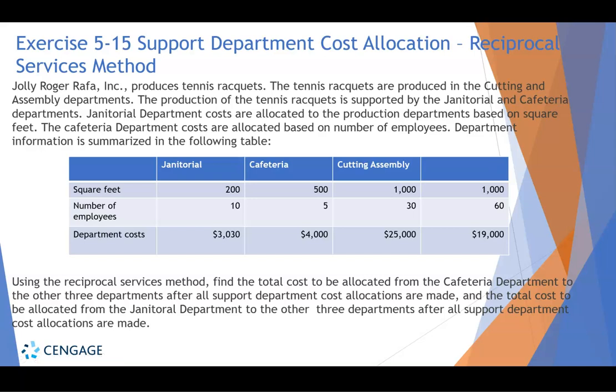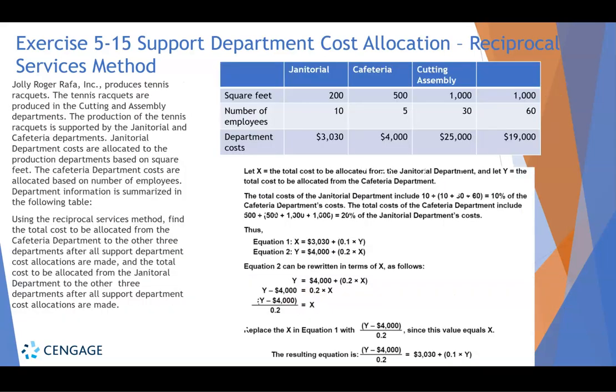Using the reciprocal services method, find the total cost to be allocated from the cafeteria department to the 3 other departments, and the total cost to be allocated from the janitorial department to the 3 other departments.